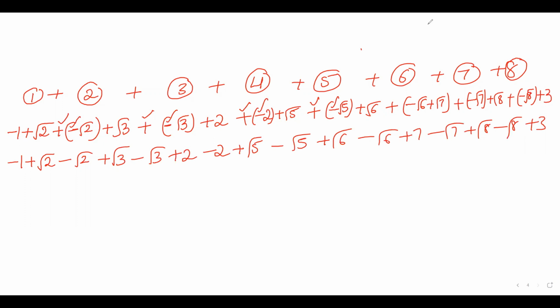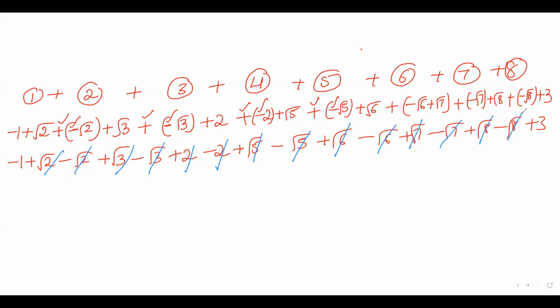Now start cancellation. These two plus and minus will get cancelled. These two will get cancelled. These two will also get cancelled. These two will get cancelled. Plus root 6 minus root 6 cancel. This is root 7, so plus root 7 minus root 7 will cancel.